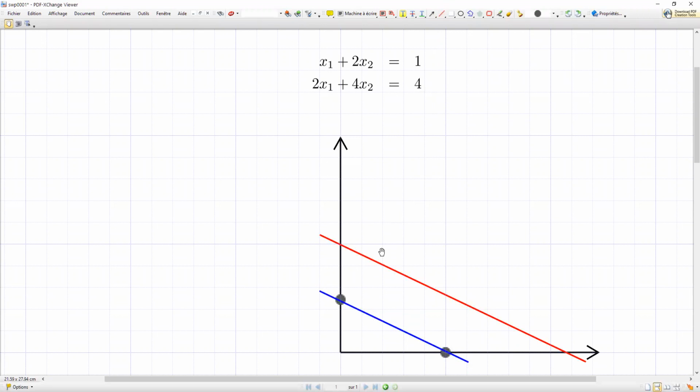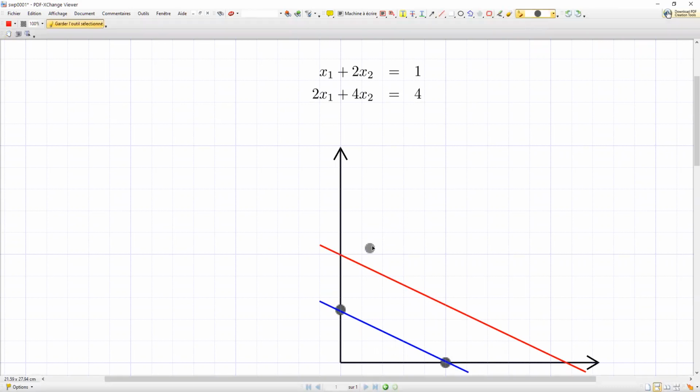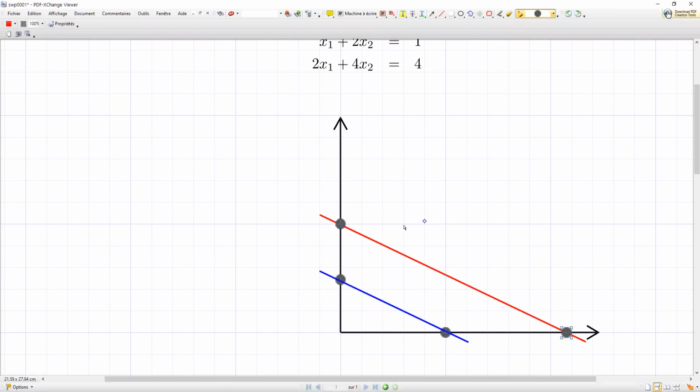So if I have x1 equals 0, I get x2 equals 1. So what are the set of points that are compatible with these two equations? Well, none. They're parallel. They're going to go forever in each direction.